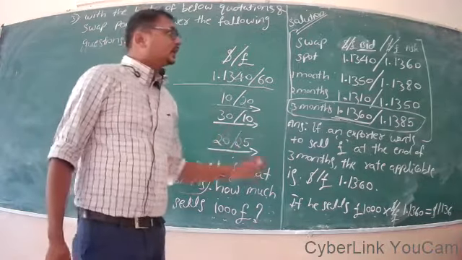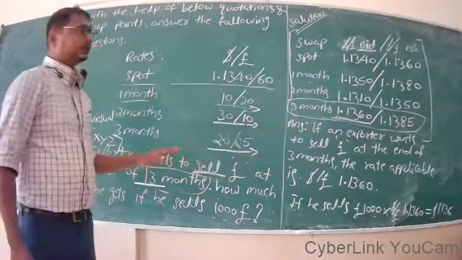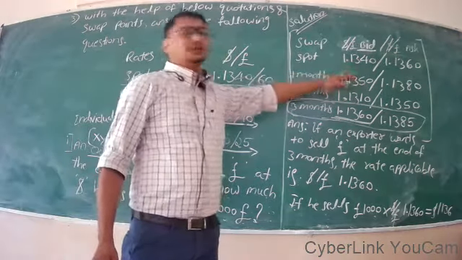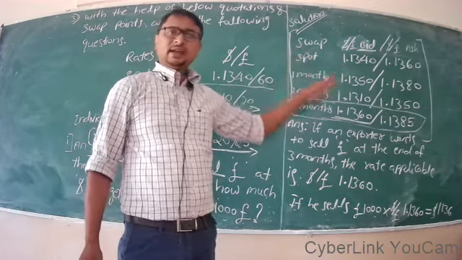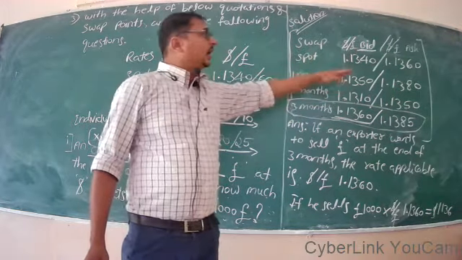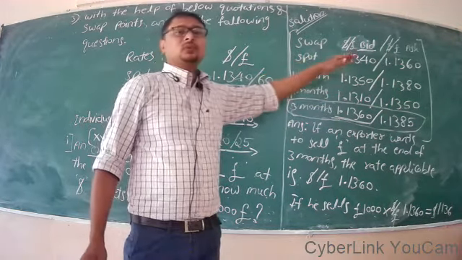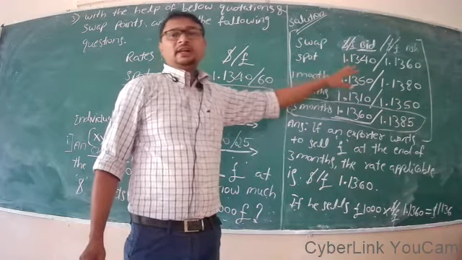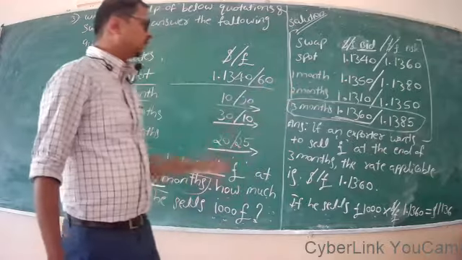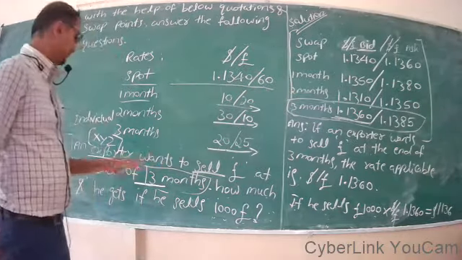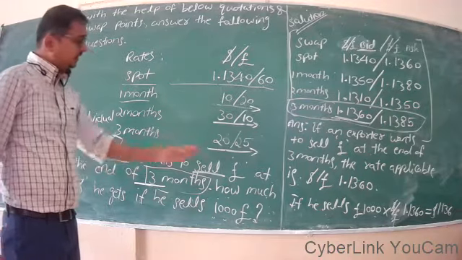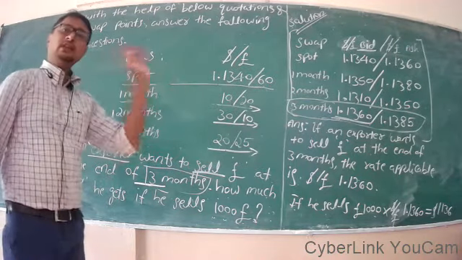So in the earlier problems we have discussed how we derive this outright rate by adding or deducting these swap points, right? Now we are solving the SEM exam questions. This person, Mr. XYZ, intends to sell sterling pound after 3 months.